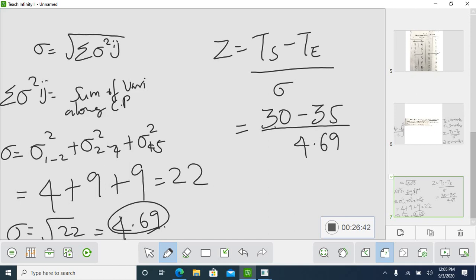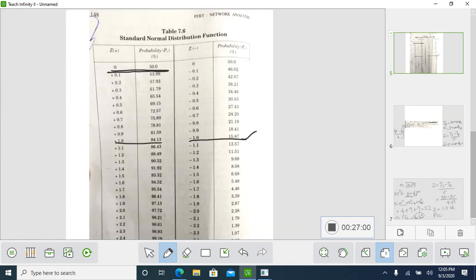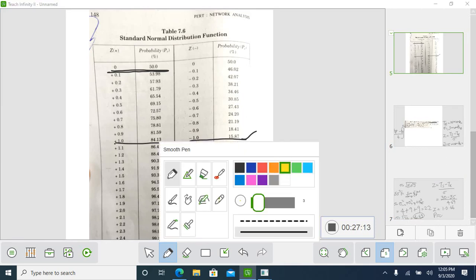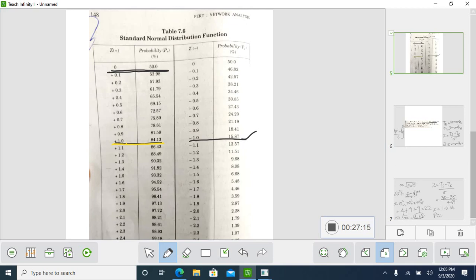Solve this, calculate it: 1.066. So your Z value is 1.066. What is the probability, how much percentage? Automatically you go to the normal distribution table. Check 1.0, which is 84. 1.1 is 86.